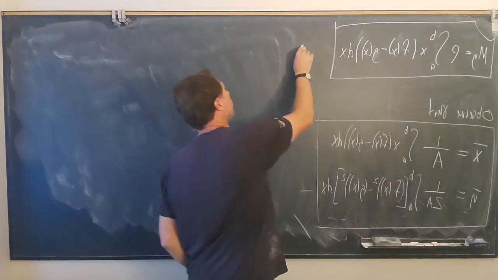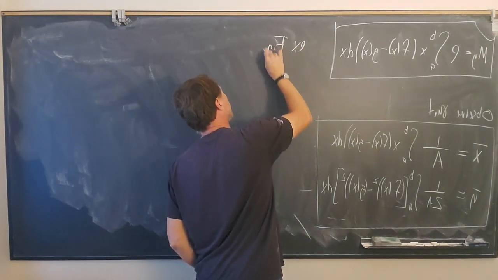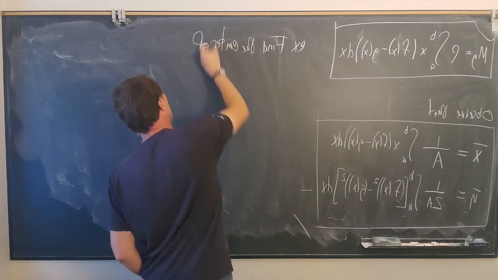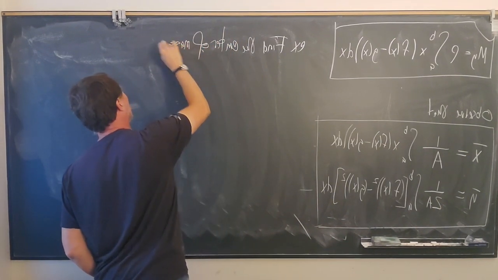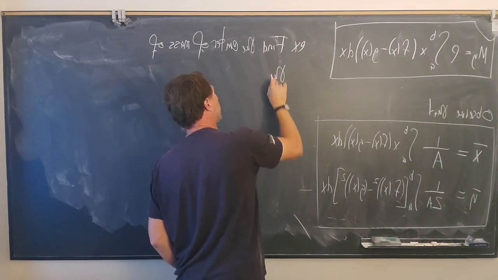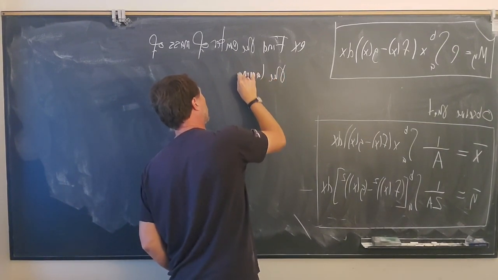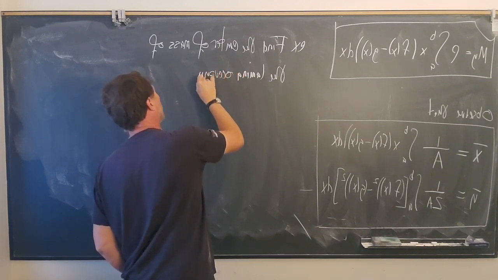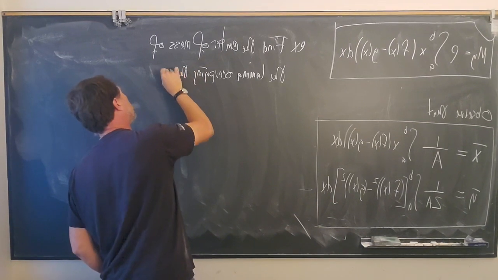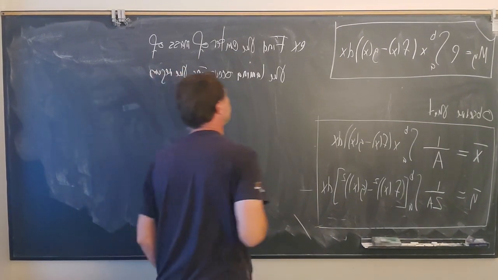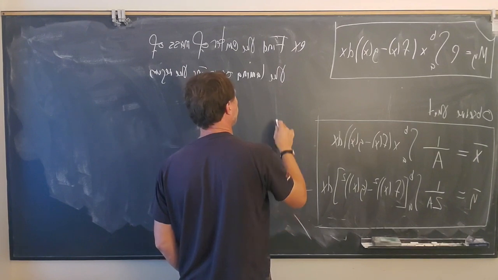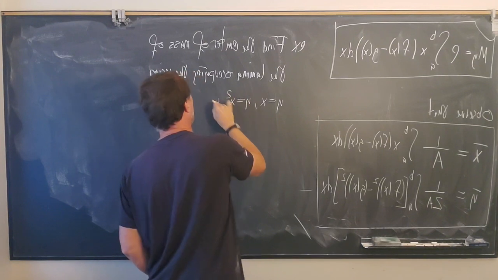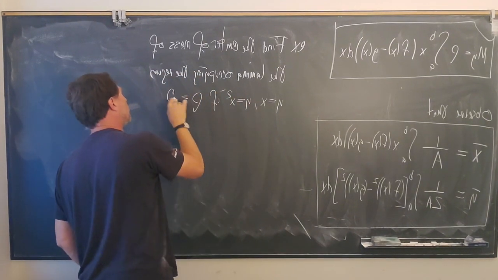So let's find the center of mass of the lamina occupying the region y equals x and y equals x squared, if the density is given by 2.